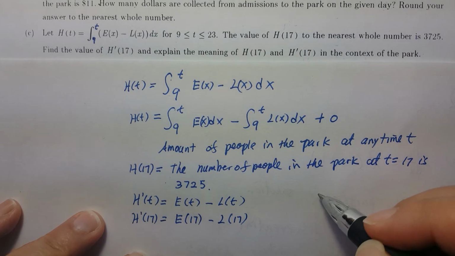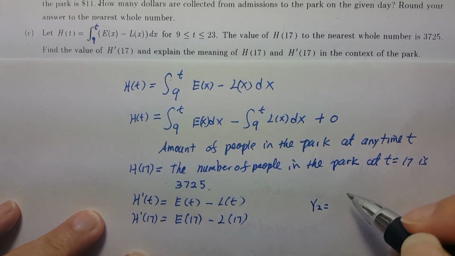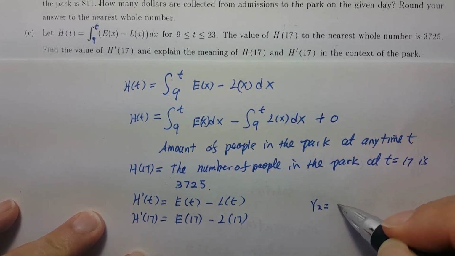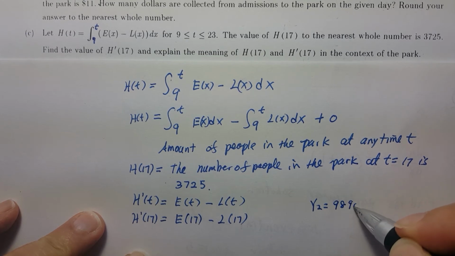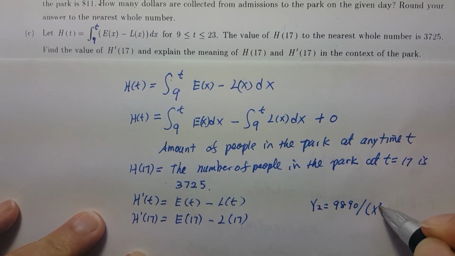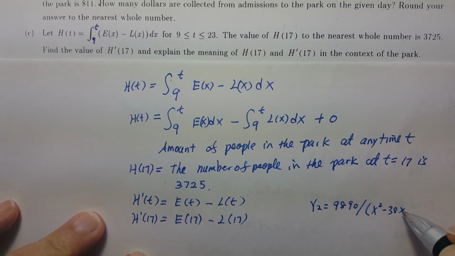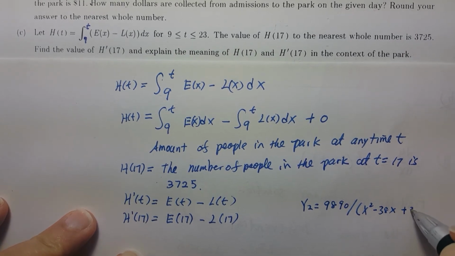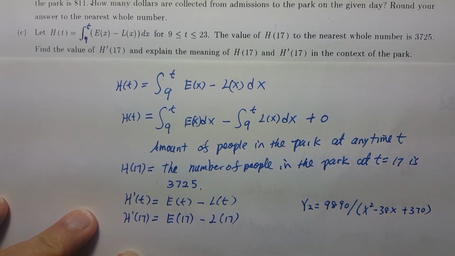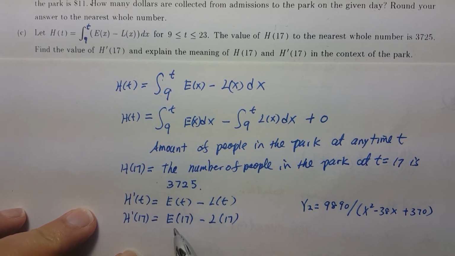So now I'm going to make my y2 equal to the L of t, which is 9890 divided by this. Don't forget to put your denominator in parentheses when you have more than one term. So now I want to find this.